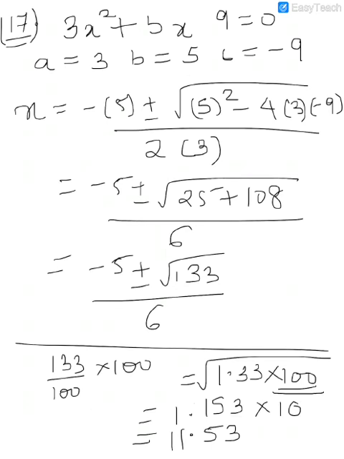Remember that. So what did I do? Just a little bit of recap. I put 2 decimal places over here and I multiplied the number by 100. In short, I am dividing and multiplying by 100. I get root of 1.33 into 100. I went to the table and found the square root of 1.33, and the square root of 100 is 10. So I just multiplied, I shifted the decimal place over here. So I get my answer as 11.53.